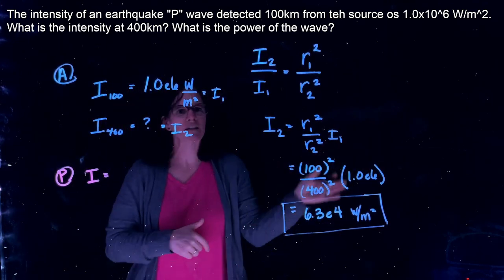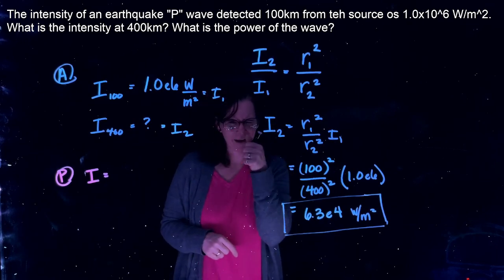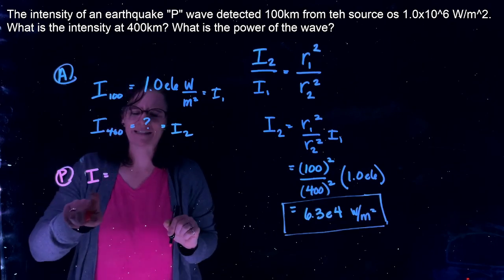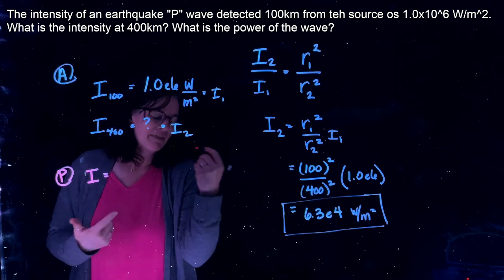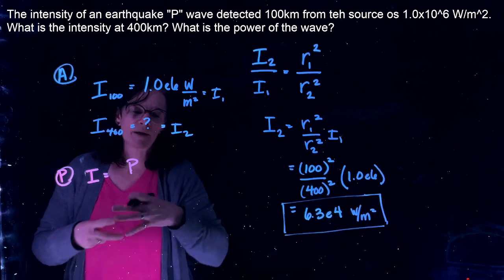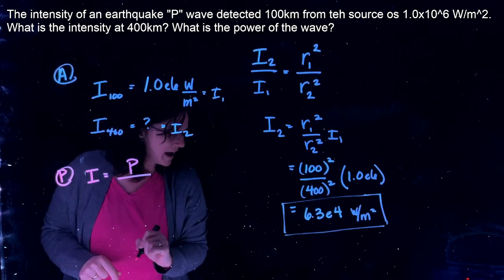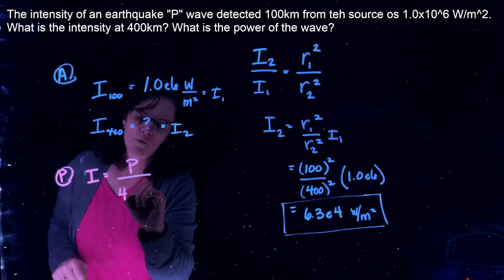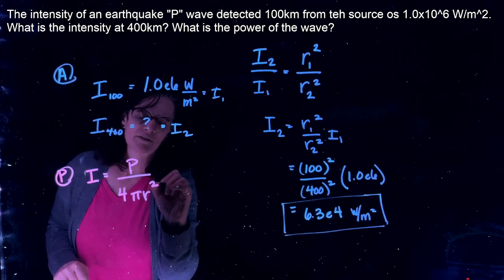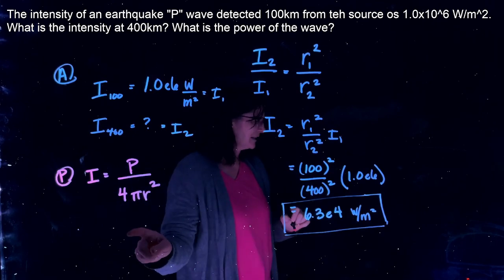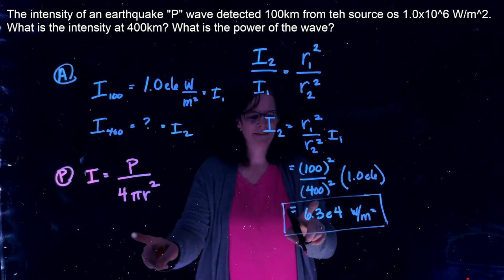Remember our definition. If you haven't looked at that video, go back and look at the video where we introduce the idea of what intensity means. But mathematically, if I'm moving out from a sphere, we have the power divided by 4 pi r squared. So we're going to use that relationship with our intensity.